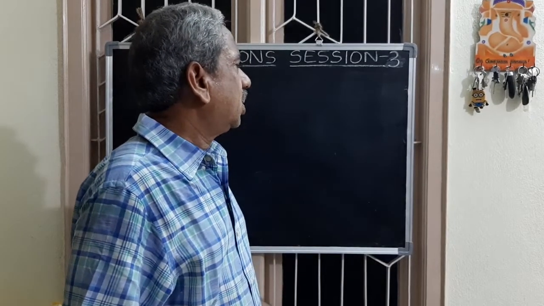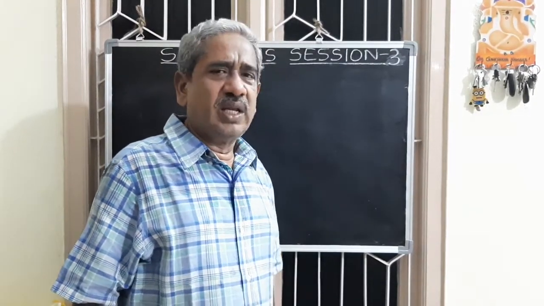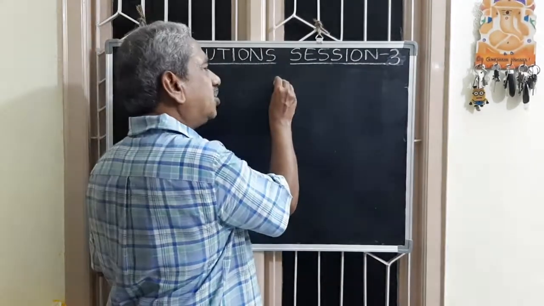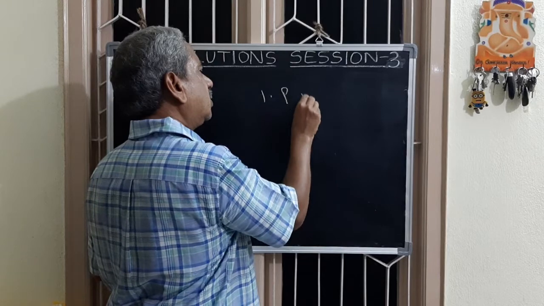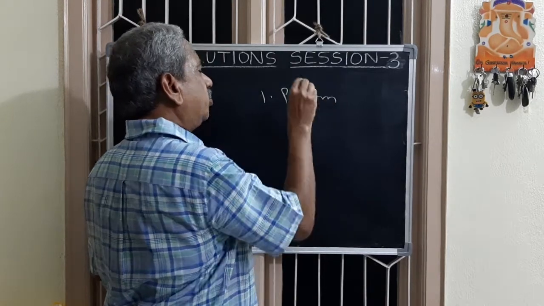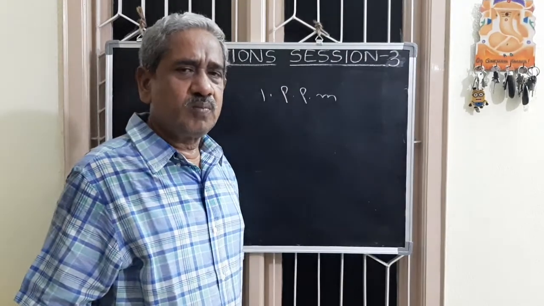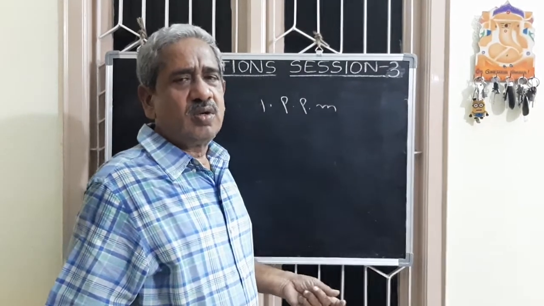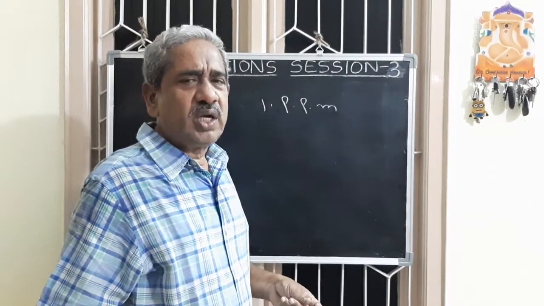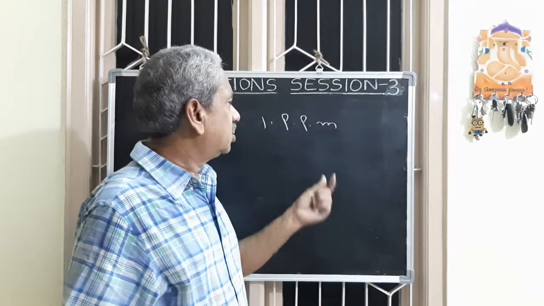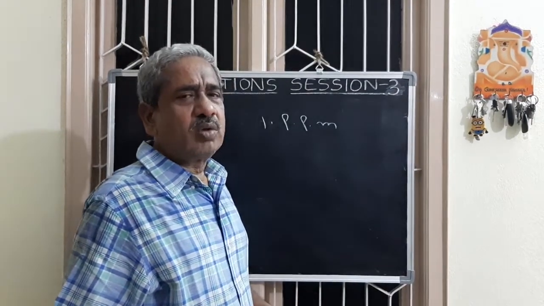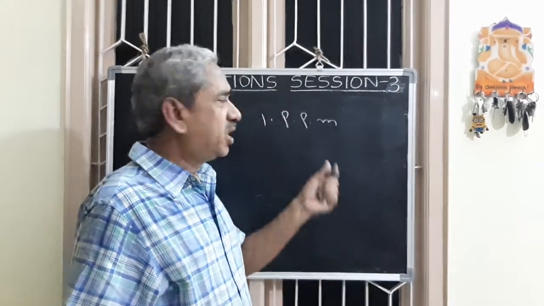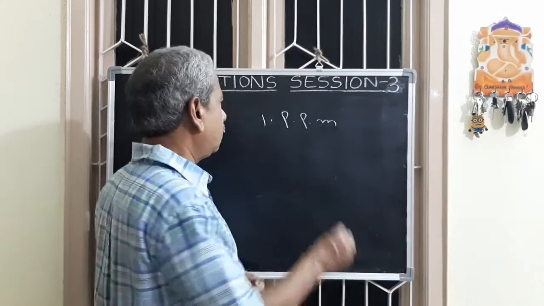Let us recollect the points we learned today. The first one is ppm, parts per million, a concentration unit used when the solute quantity is in trace amounts, so water pollution, etc. are expressed in terms of ppm.